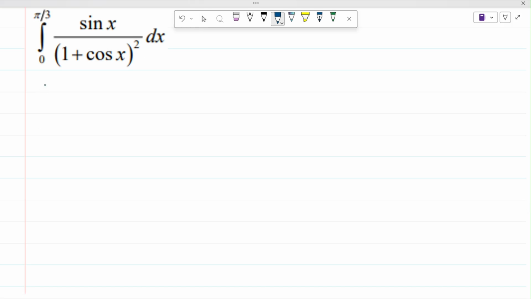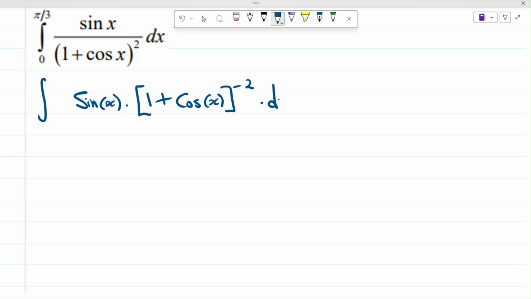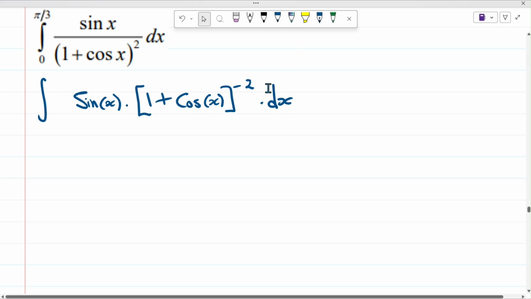So let's rewrite this first in a nice way for you to see what is going on. When things are written in a nice way, they also get integrated in a nice way, right? We agreed that we're going to make this our f of x.